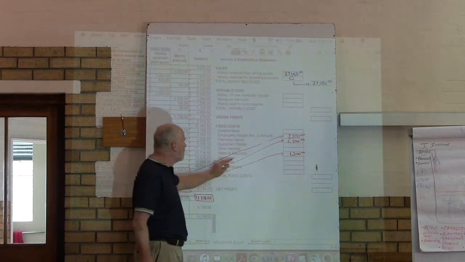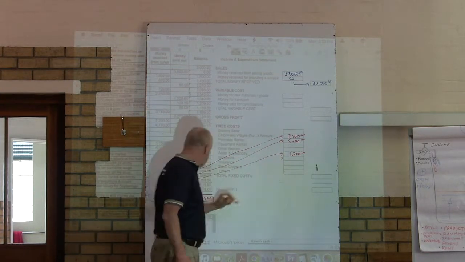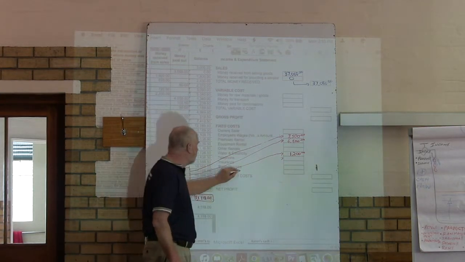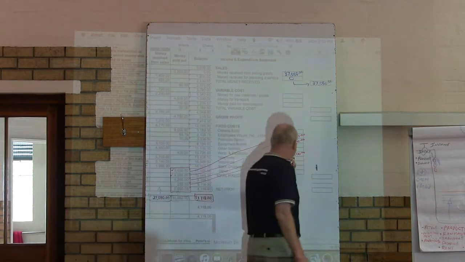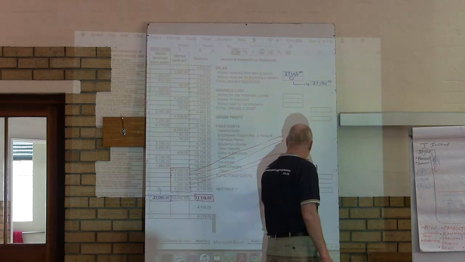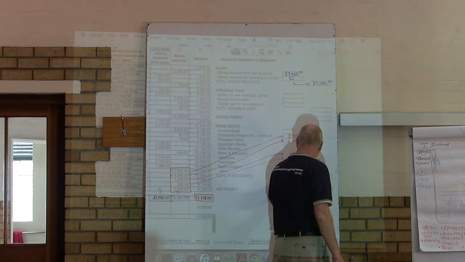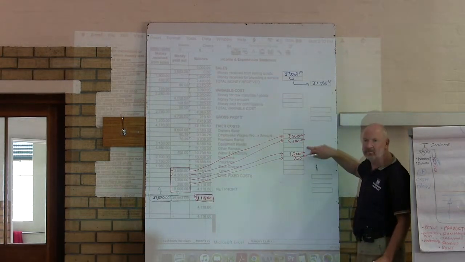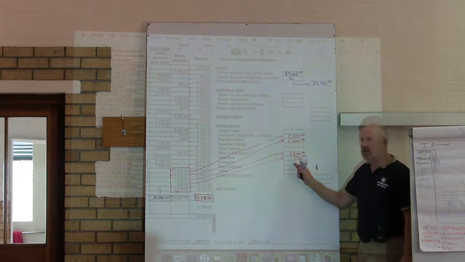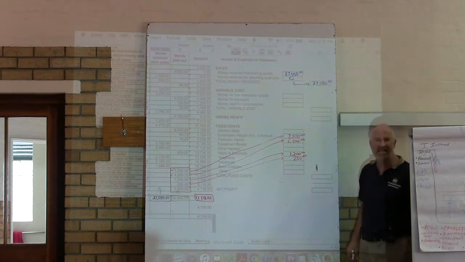It's telephone. Telephone is there. So we take our 250 Rand and 50 cents. And this is why it's important that you put in these zeros, because our telephone account is 250 Rand and 50 cents.